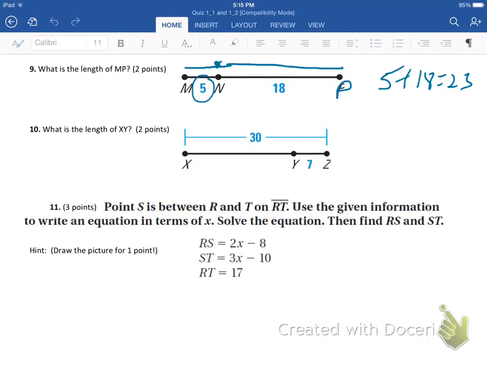Okay, number 10. It's almost the same, except it says, what is the length of X to Y? We want this distance here, so we can say XY plus YZ equals XZ.